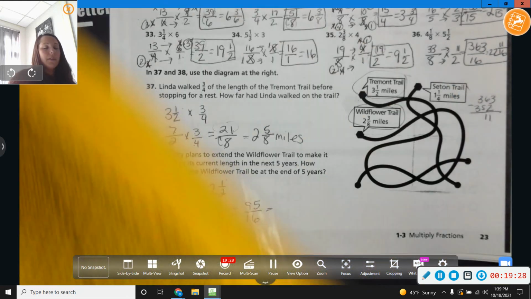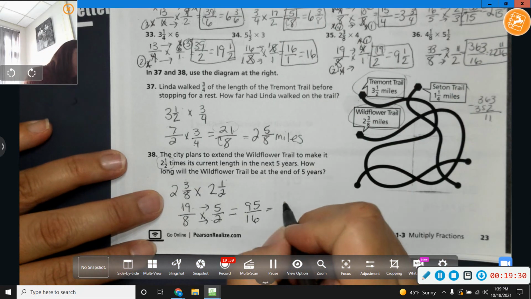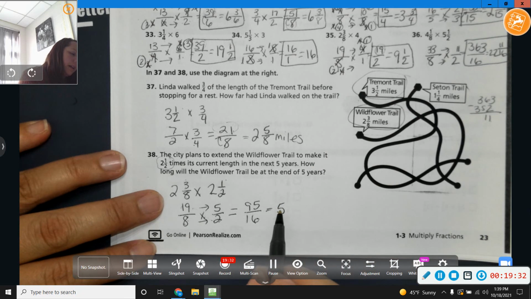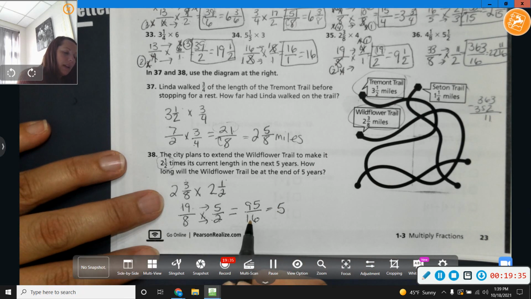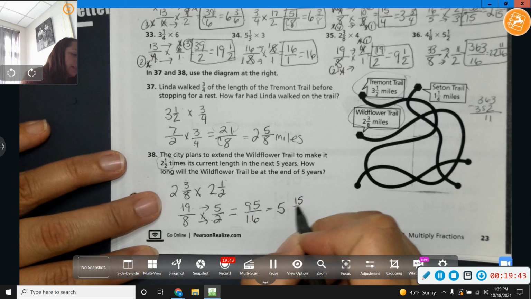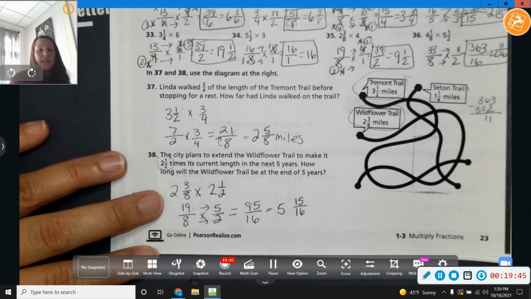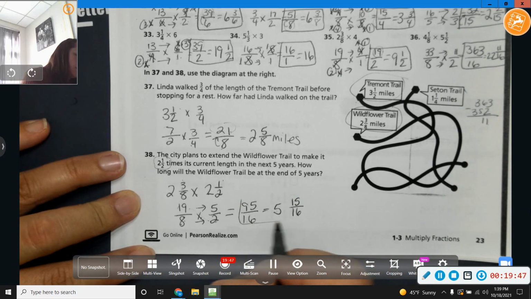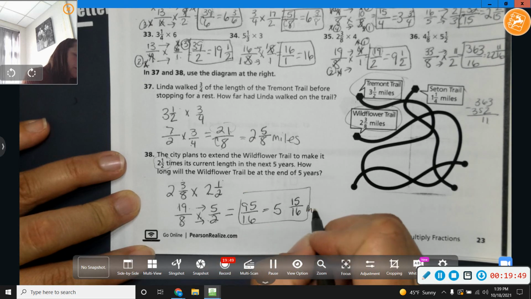Goes in 5 times. Okay, 5 times 16 is 80. If I use 80 of these up, how many do I have left? Well, I have 15 left, and 16 is my denominator. So that would be 5 15/16, and then this is miles.